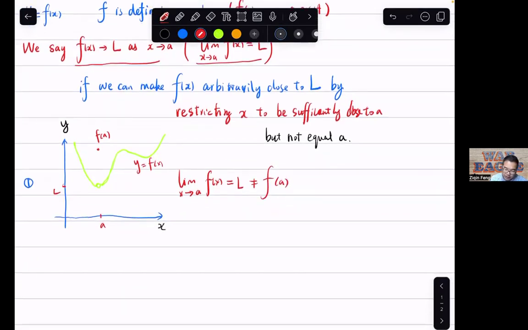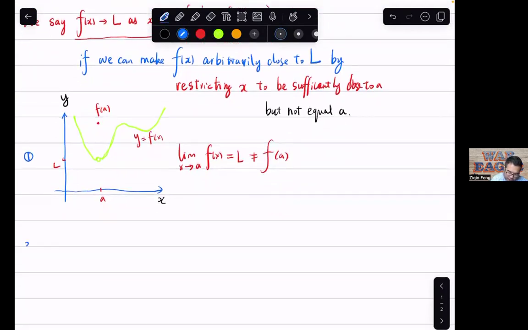If you look at this new picture here, this is our second picture. This is our x, y axis. This is our A here. Your function is very nice. So this is our y equal to f of x.